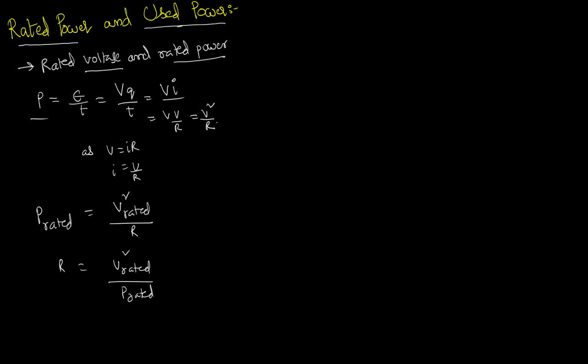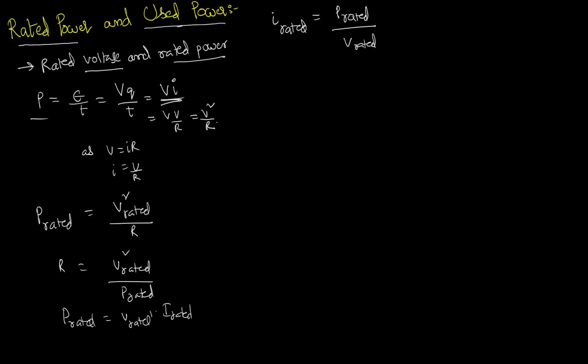So P rated is voltage rated times I rated. If you want to calculate the rated current that an electric device will draw, we can calculate it using the formula power rated divided by voltage rated.